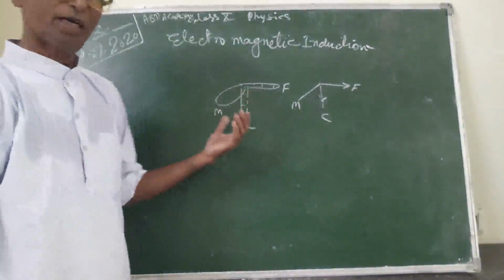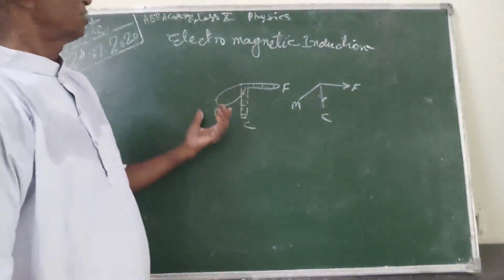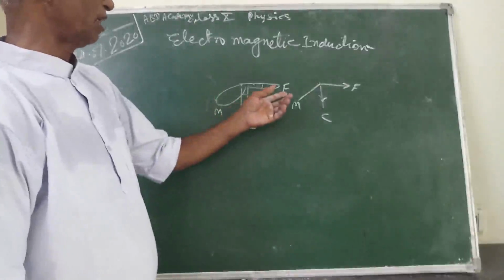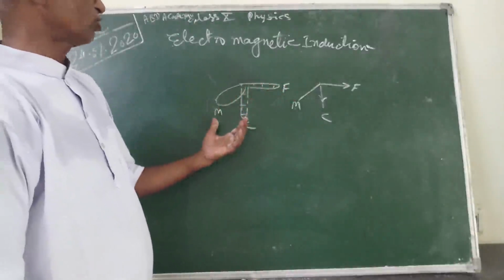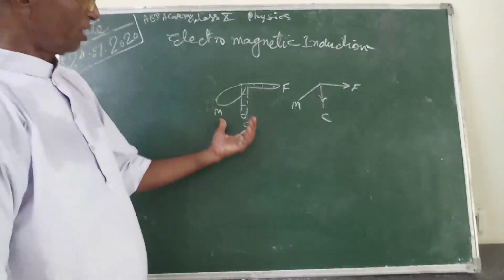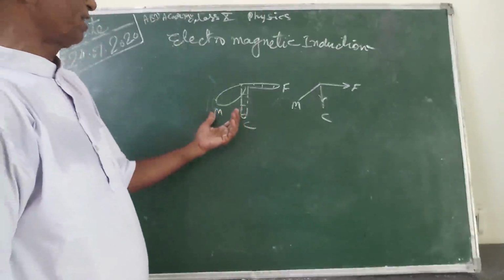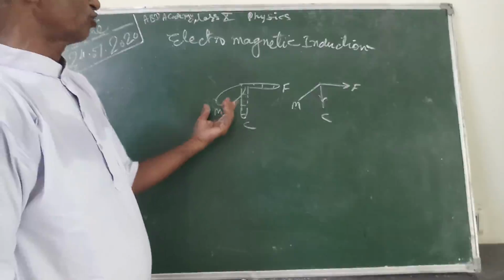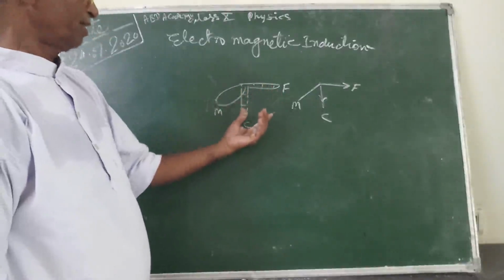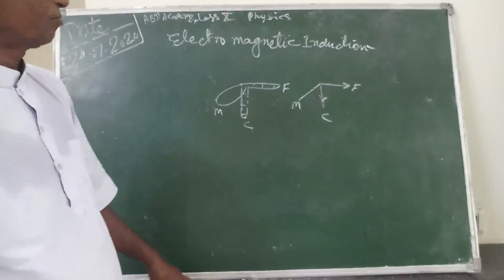Electromagnetic induction. Michael Faraday gave an idea about the production of electricity with the help of a magnetic field and motion. A very good idea. He said that if a closed coil is rotated in a strong magnetic field, then an induced current is produced in the coil.